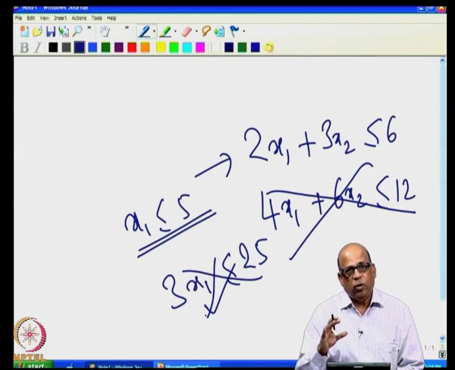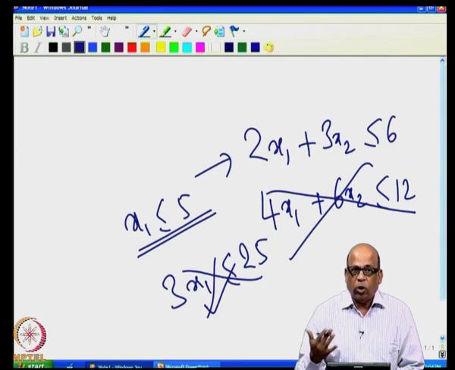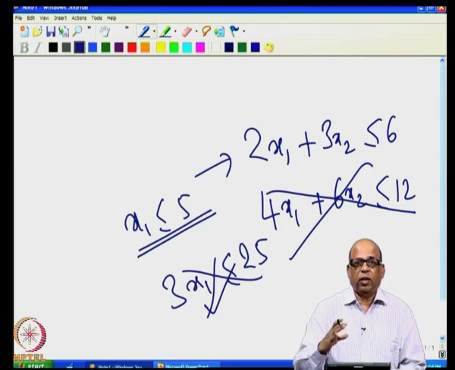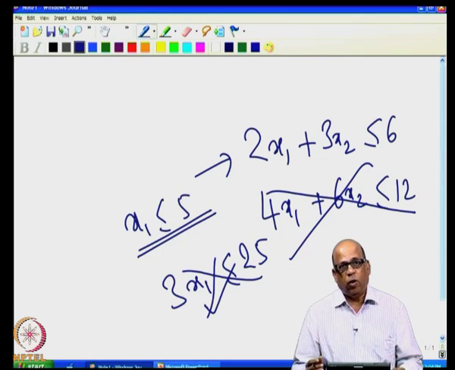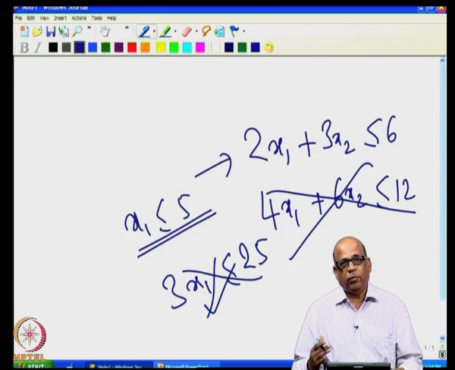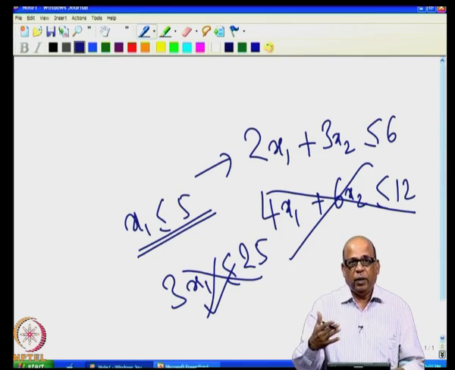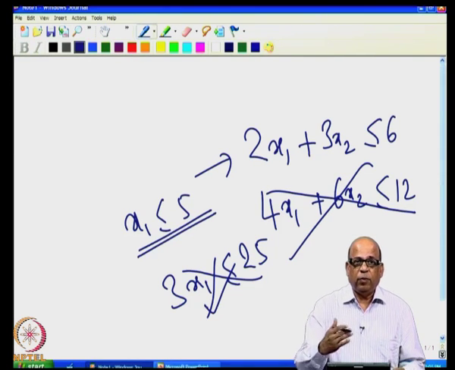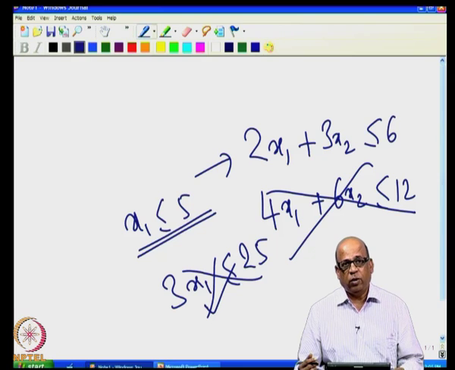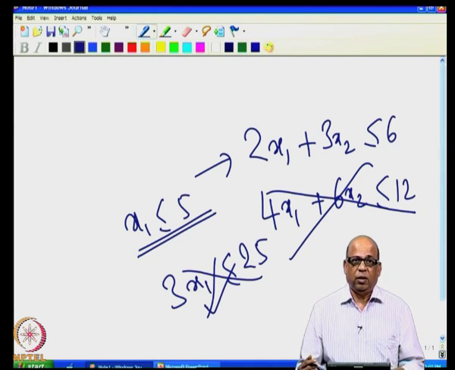In general, whenever you have redundant constraints, it means that not enough thought has gone into the formulation of the constraints. The constraints are after all formed based on the physical understanding of the system, and therefore you may tend to add constraints which are in fact functions of other constraints that you have already included in the problem.